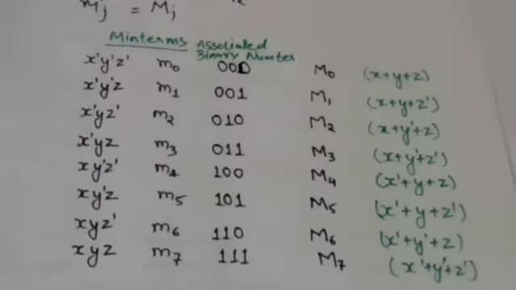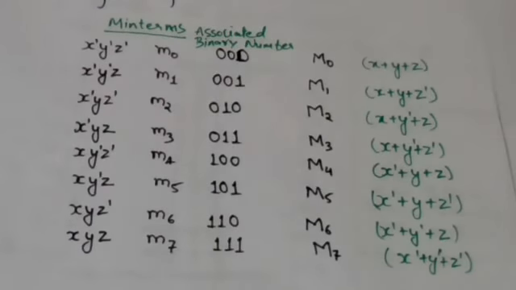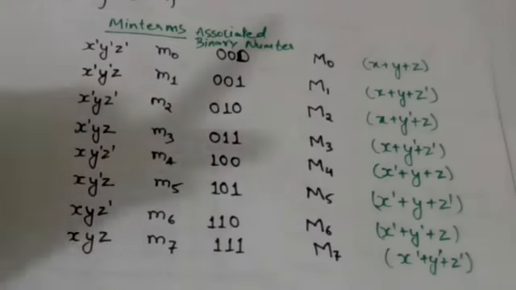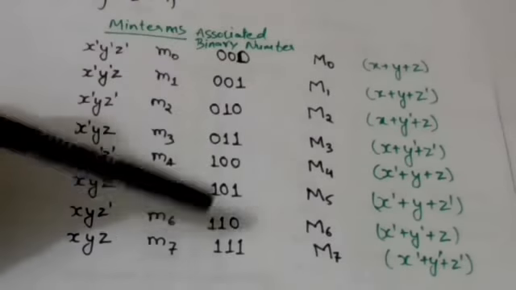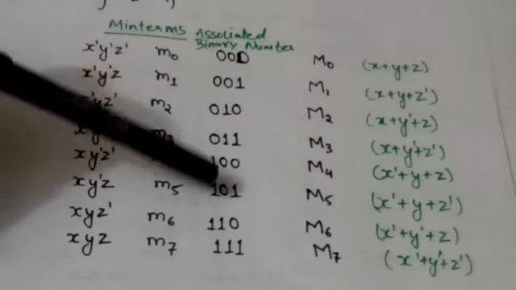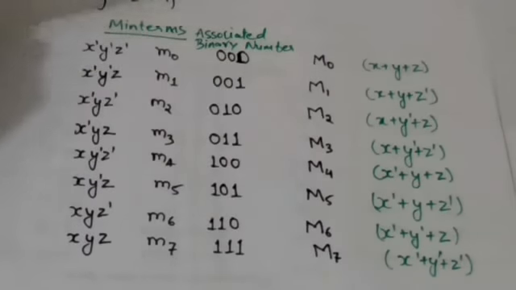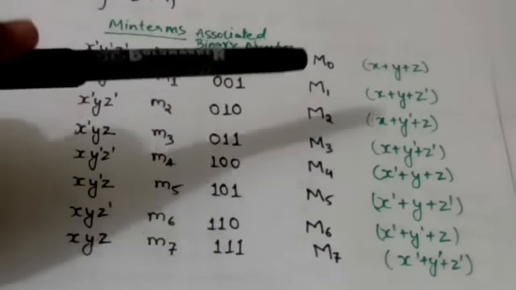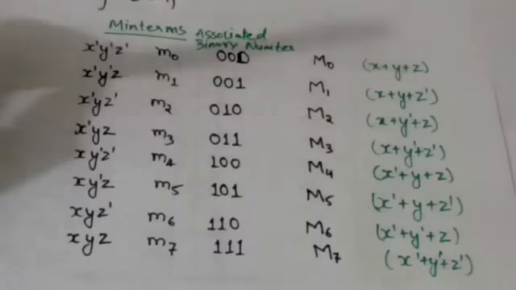Now here are the 8 minterms and maxterms which are formed of 3 binary variables x, y and z. These are the binary numbers which are associated with minterms. The same binary numbers are associated with maxterms also.